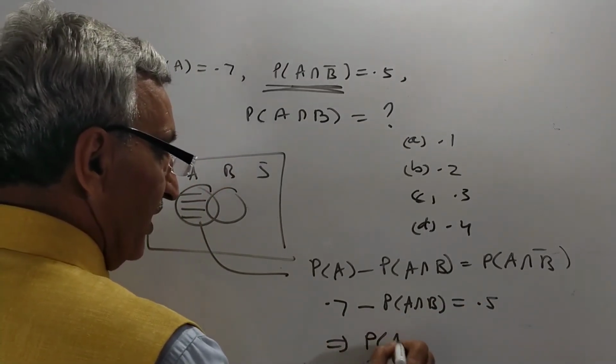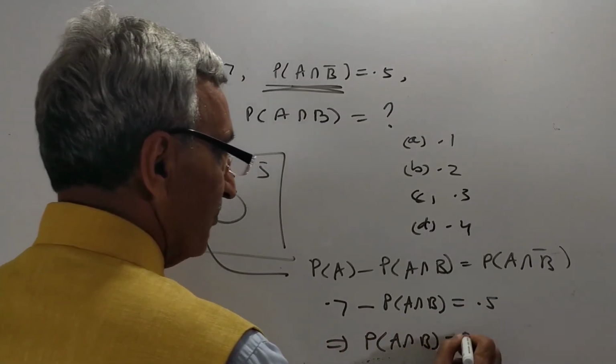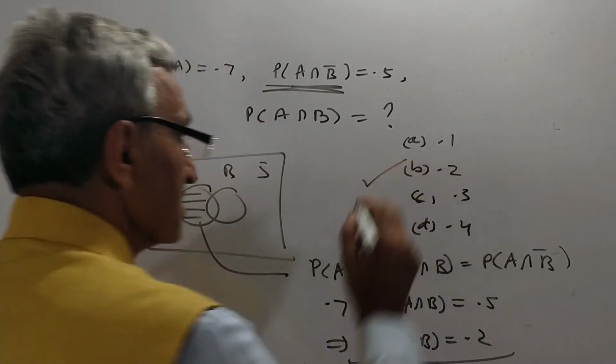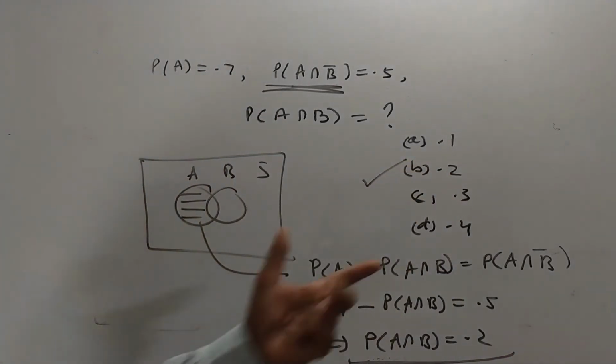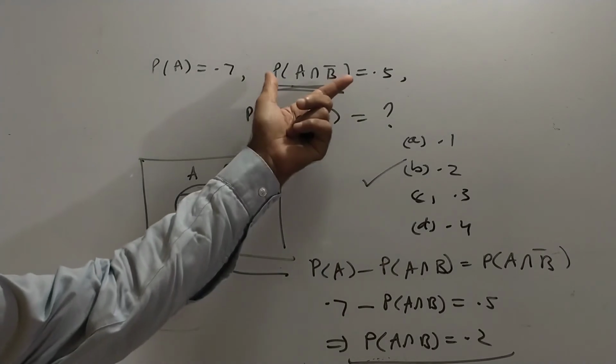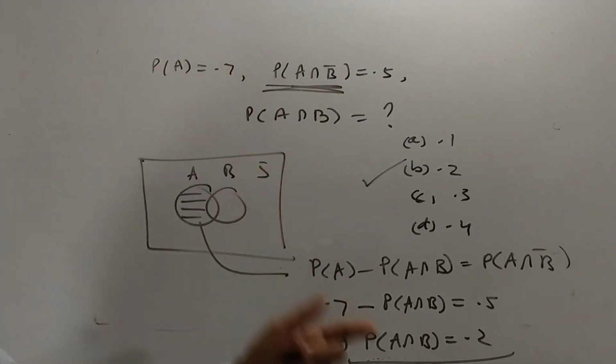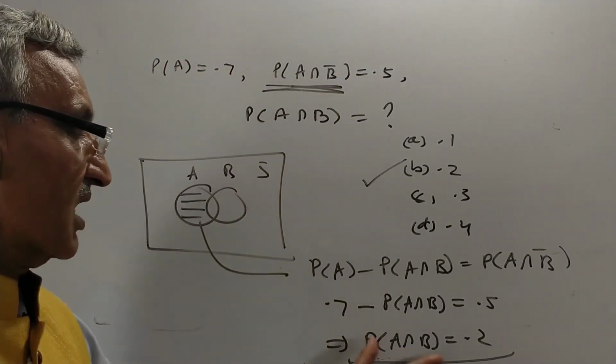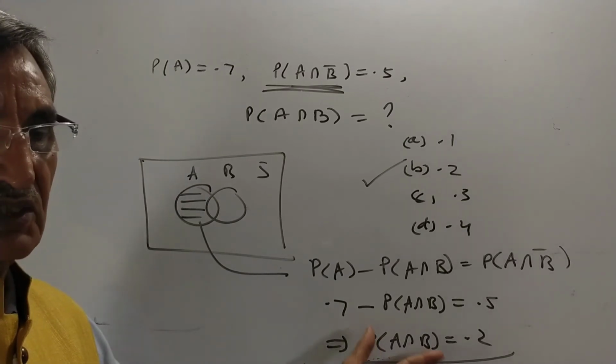Therefore, probability of A and B is equal to 0.2. That is the answer. So, in the earlier question I figured out how to find A intersection B when these are given.